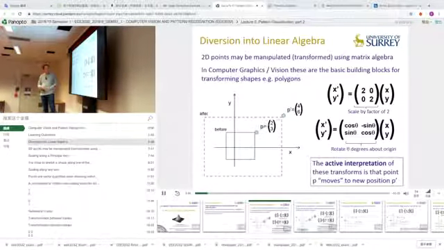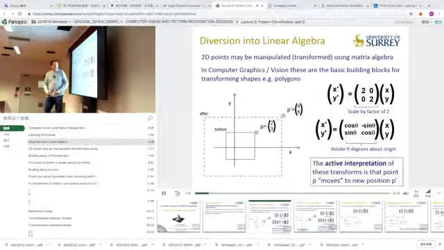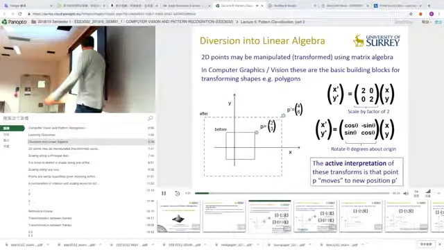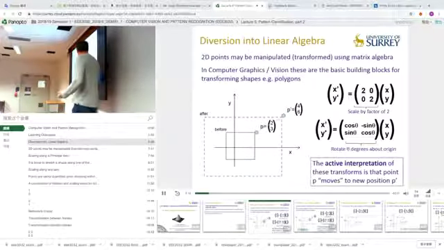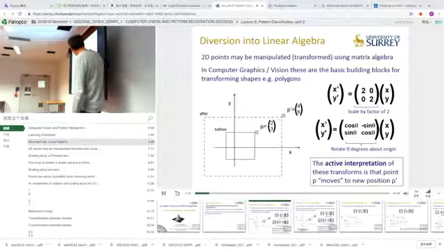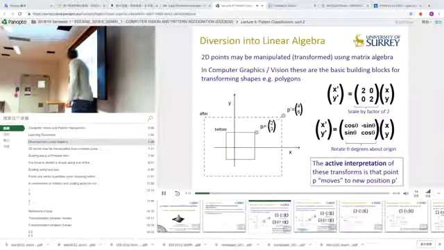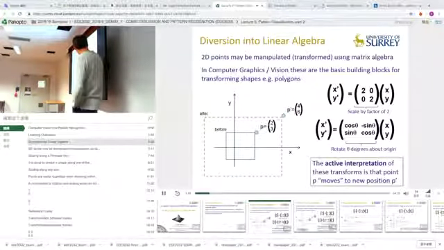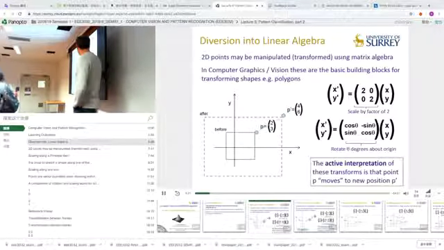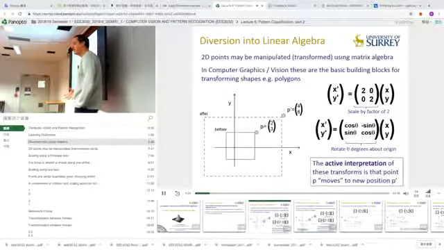Okay, so first thing to note is that in computer vision, when we are working with points in a space, we normally write them in column form. Sometimes, if you've done some computer graphics, you're used to seeing points represented as a vector in a row form. We're working with them in a column form. And what we're introducing here, or perhaps recapping if you've seen it before, is this matrix multiplication framework, whereby if I take each point in turn of our polygon, I'm going to pre-multiply that point by this 2 by 2 matrix, which defines the kind of transformation I want to do.